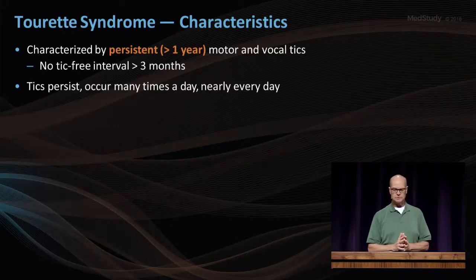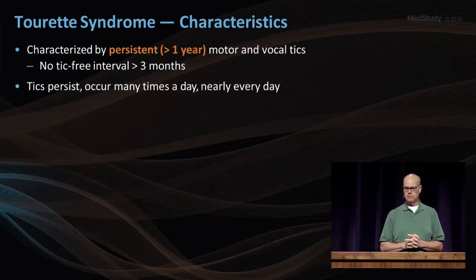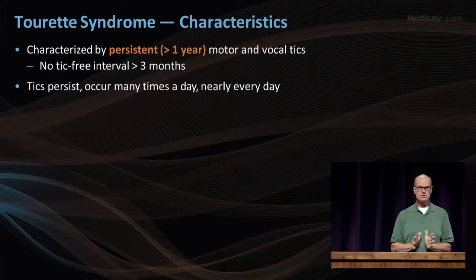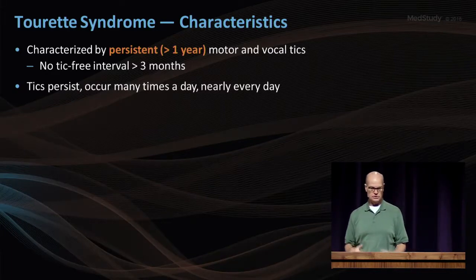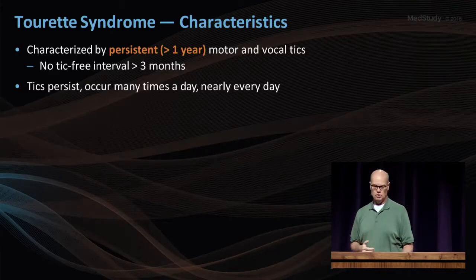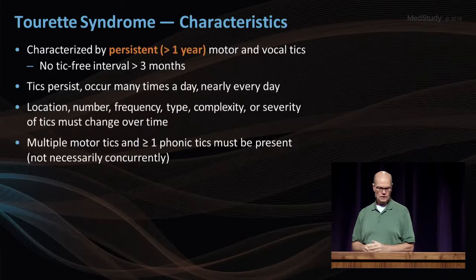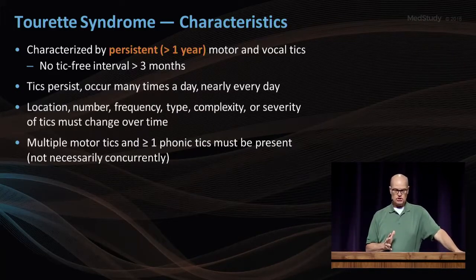This is characterized by persistent, which by definition is at least a year, both motor and vocal tics, with absence of any tic-free interval for at least 3 months. These are persistent, occur many times per day, almost every day. The location, the number, and the frequency changes over time. That's by definition.